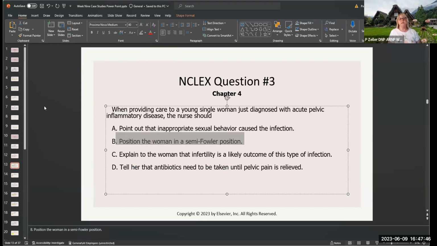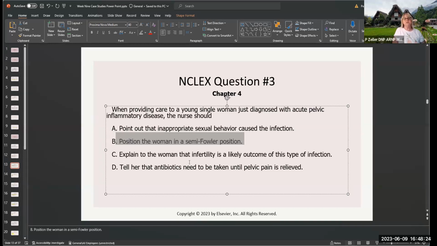Pelvic inflammatory disease is multiple bacteria found in the genital tract of a woman. It can be very serious. And we have several medications that we use to treat her. It depends how bad it is, when we look at the white blood cells, does she have a fever, things like that. We might keep her in the hospital for a 24-hour period, give her some hefty antibiotics, and then send her home on some oral antibiotics.